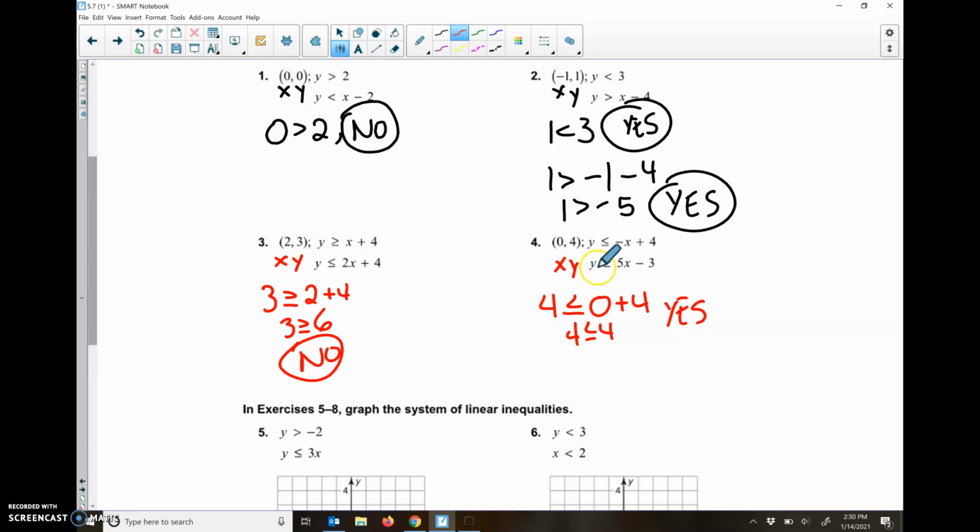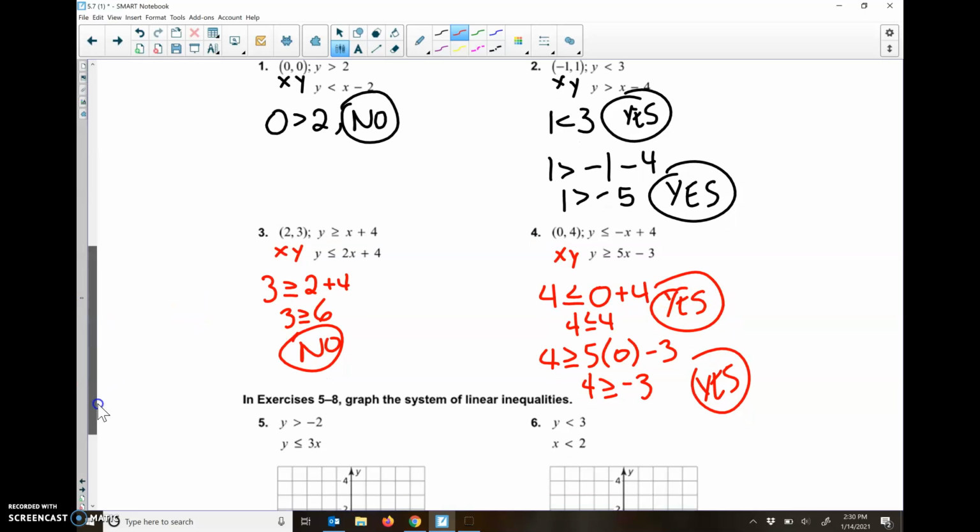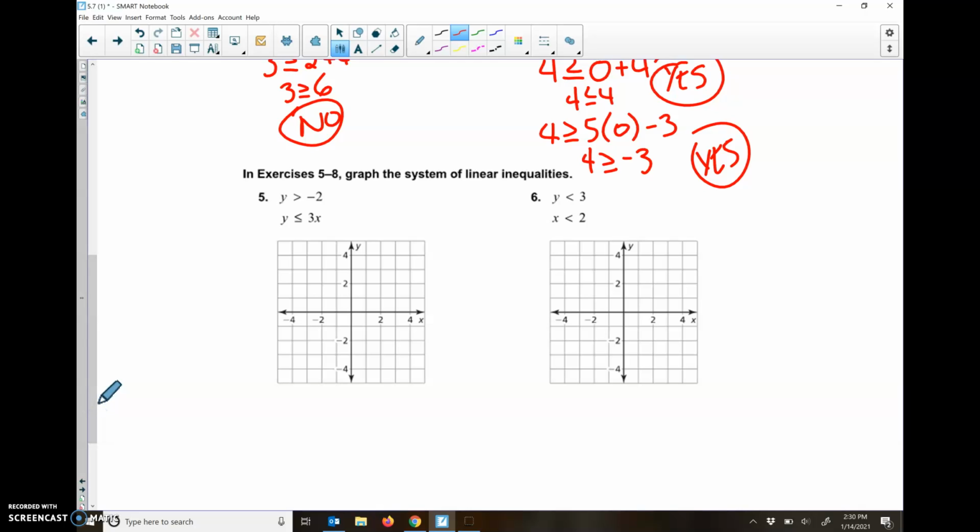Then same thing with the bottom one, y is greater than or equal to 5x minus 3, and in this case x is 0. So 4 is greater than -3. Yes, that works as well. So we got two yeses, so they're both yeses. Okay, so make sure you're plugging them in for both, and then deciding if it's a yes or a no.